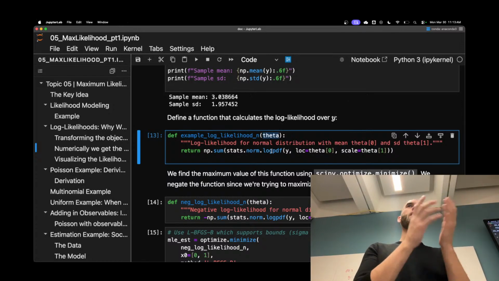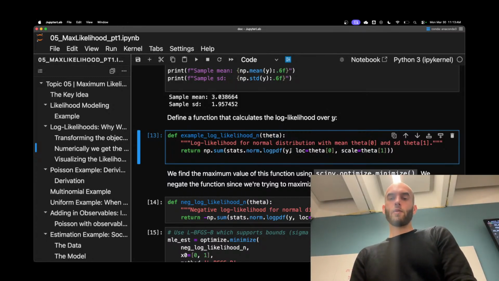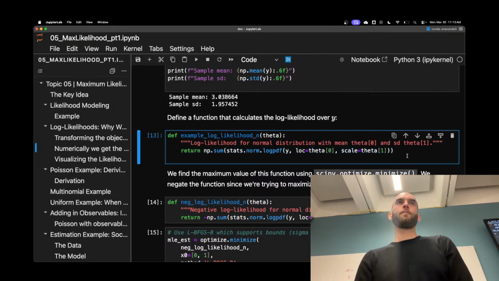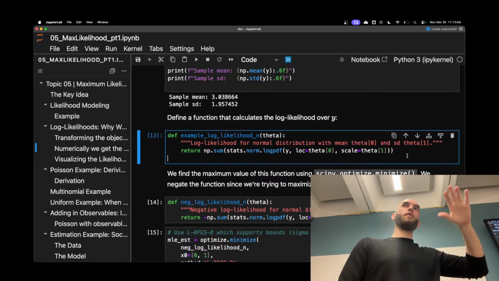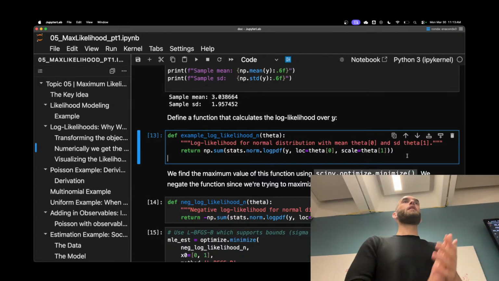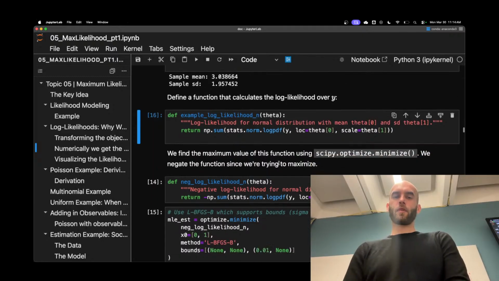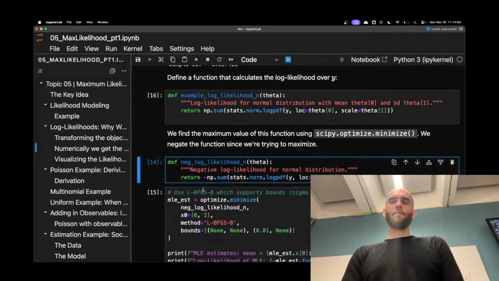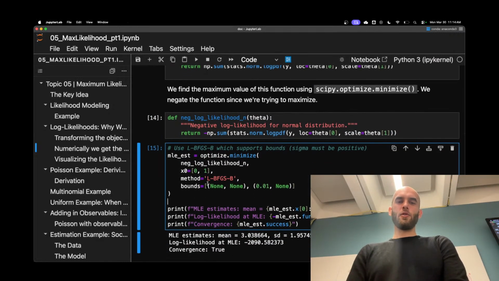We don't know what they are, so we're going to use them as inputs into the function. So it's y going into some distribution, which we haven't specified. And then I'm just going to sum them all up. Because this is a log normal distribution, this is a log likelihood function, and we can just sum them together. Okay, and then I'm going to take the negative of this. So this is negative log likelihood, and then I'm going to minimize it.